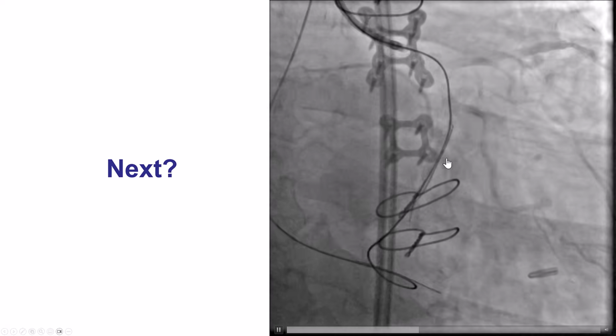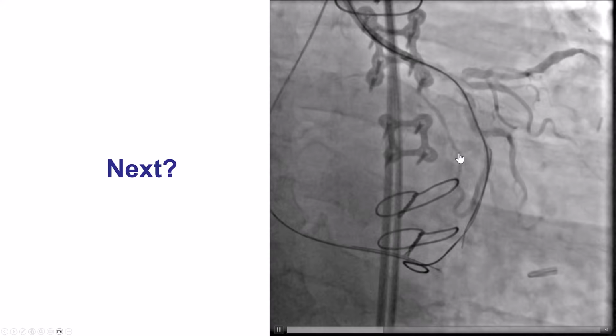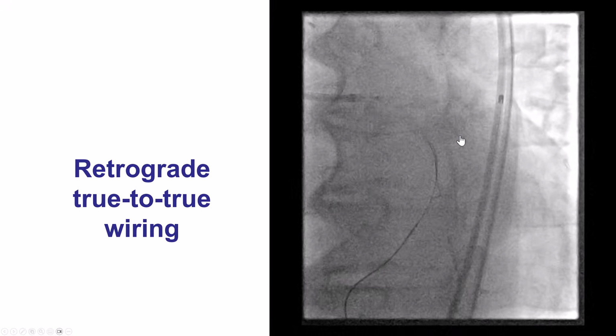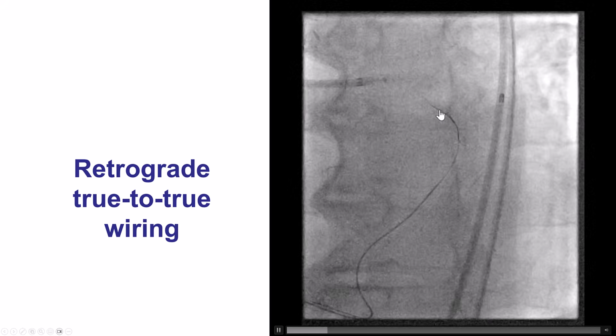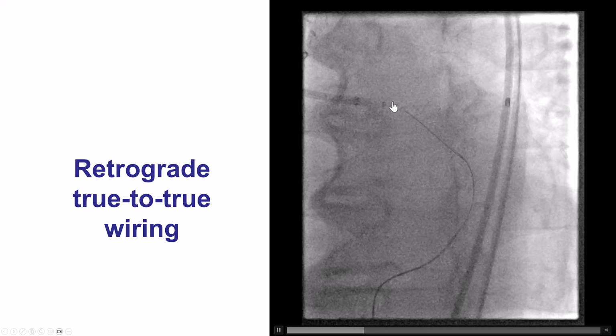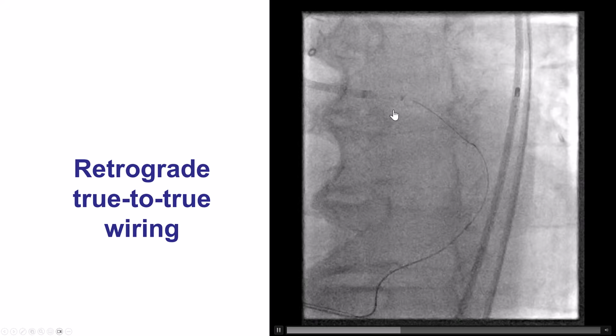So the next thing we did is we planned to do reverse CART, getting a balloon over the antegrade wire. But in the meantime, we were able to advance the retrograde wire a little bit more through a different plane. Eventually the retrograde wire advanced well, and then we were able to get it into the antegrade guide extension we had inserted.